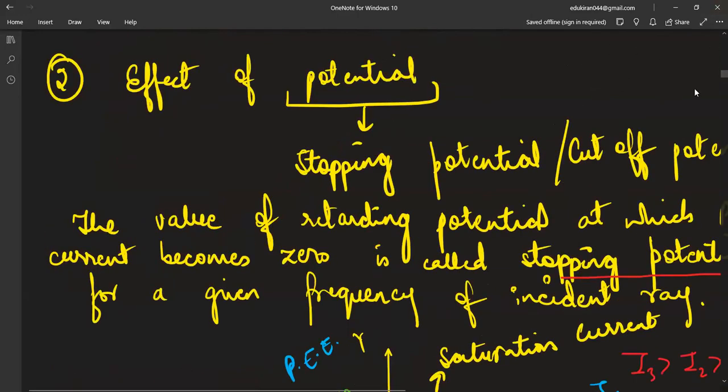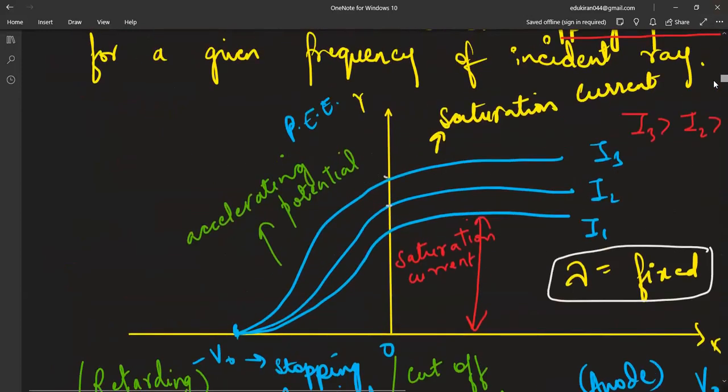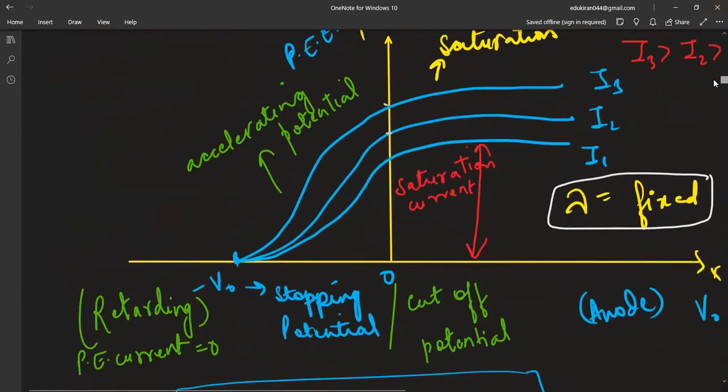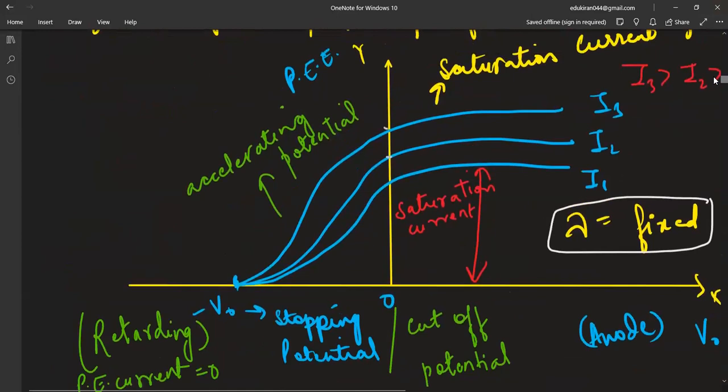Second is the effect of potential. This second graph, which we had already seen. First graph is clear? Yes or no?